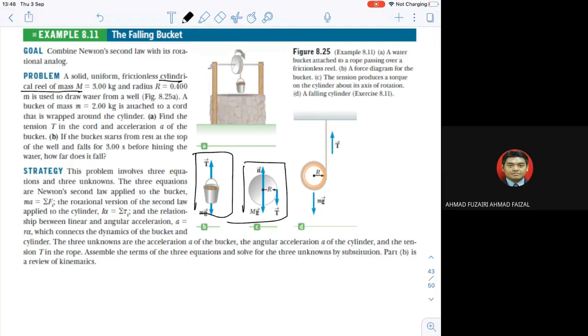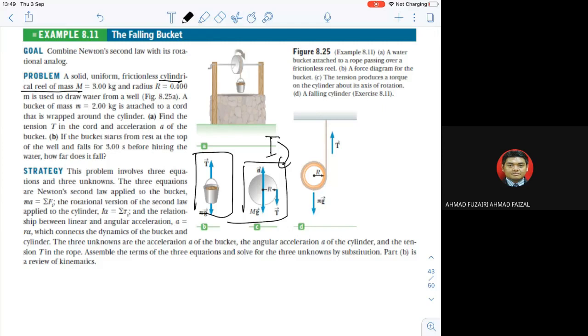So to calculate the moment of inertia of this reel, it doesn't involve only force and normal acceleration; it should include the moment of inertia together in this case.